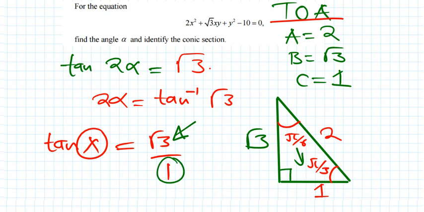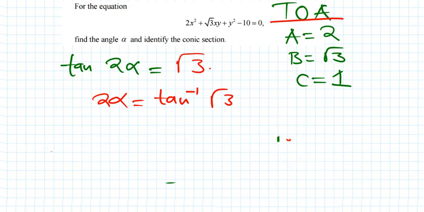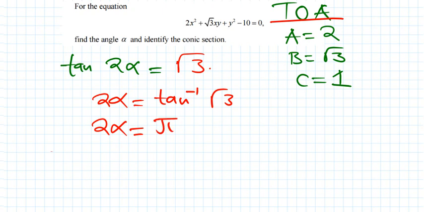It's actually pi over 3, right? You can also use a calculator to find that. So pi over 3, and then you divide by 2 both sides. Your alpha is going to be pi over 6.